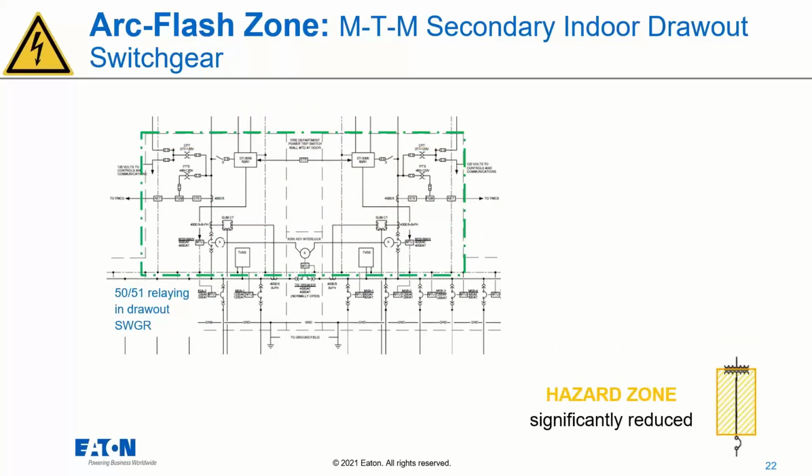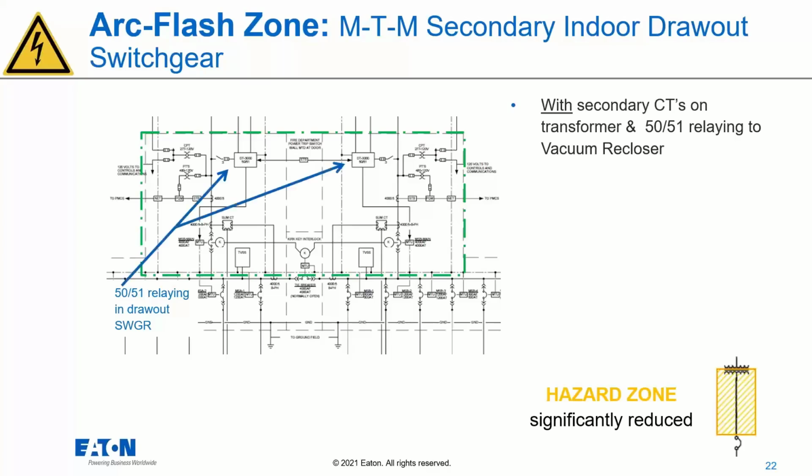And if we look at that same scenario now, but we're incorporating that DT3000 relay and those secondary CTs located in the transformer, it's not needing to be coordinated for transformer inrush. They're located on that load side of the transformer. So we're not having to take into account that core magnetization. It's just the immediate pickup from the CTs sending their signals to the relay and then back up to the vacuum recloser to trip.